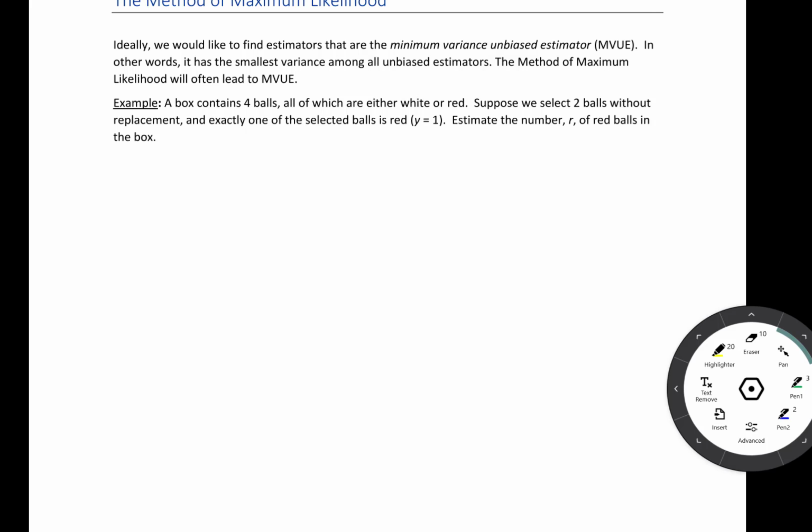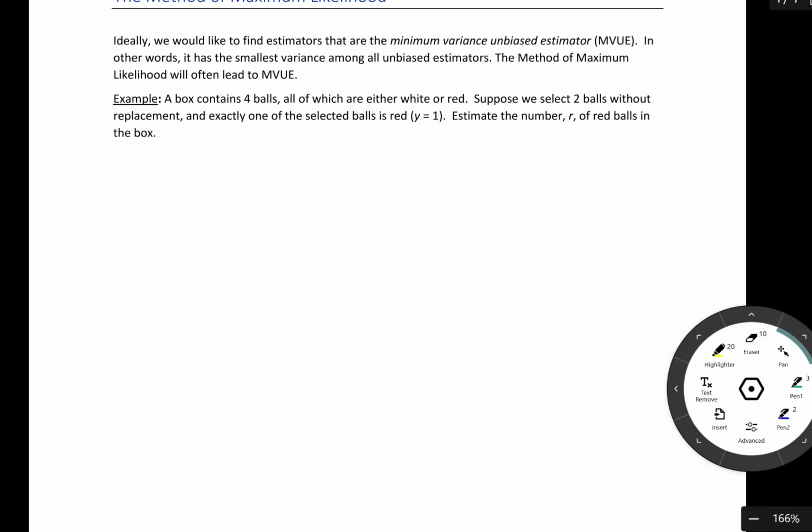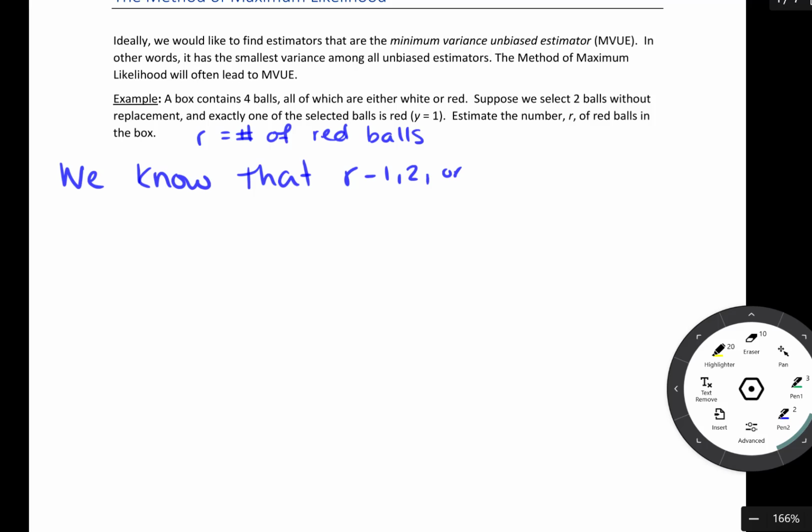So notice right off the bat we know the following. We know that R, and here we're going to let R be equal to the number of red balls, has to be equal to 1, 2, or 3.